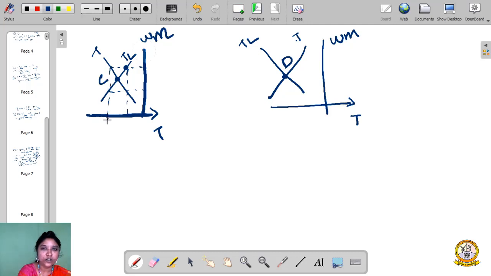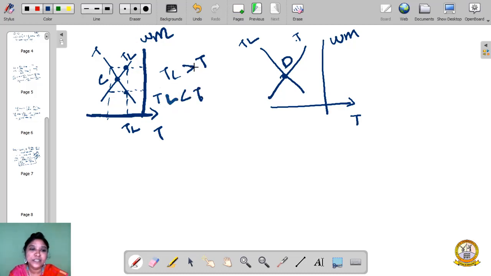For motor torque and load torque, what happens? The TL value is greater compared to the T. Similarly, for decreasing the speed, TL is less than T. So now when TL is greater than T, what happens to the speed?